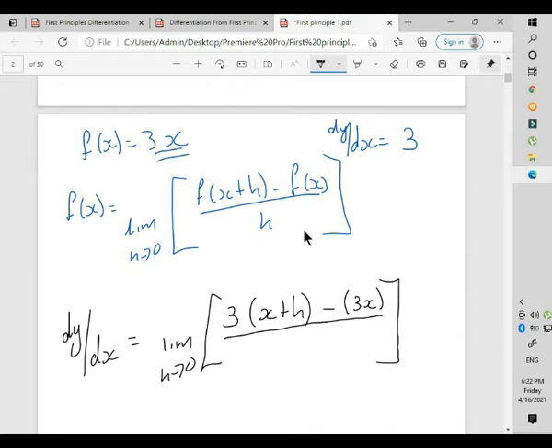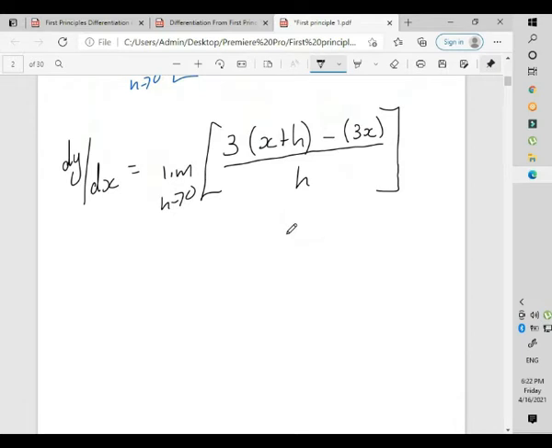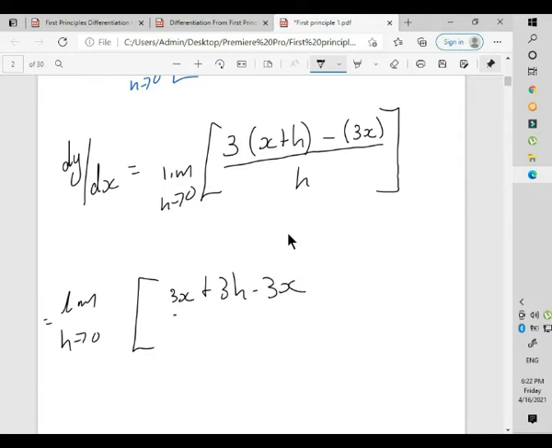It'll be very helpful in ensuring that you don't mess up on your signs. So I'm just going to stick right in the limit at this point. The limit as h approaches 0, and what I have here is 3 times x, which is 3x, plus 3h minus 3x, all divided by h.